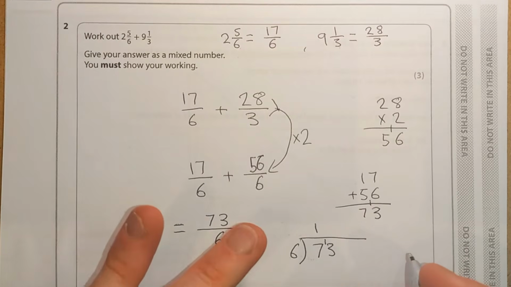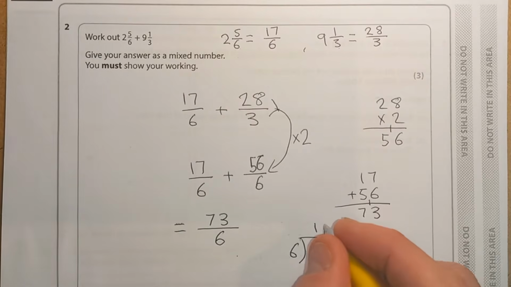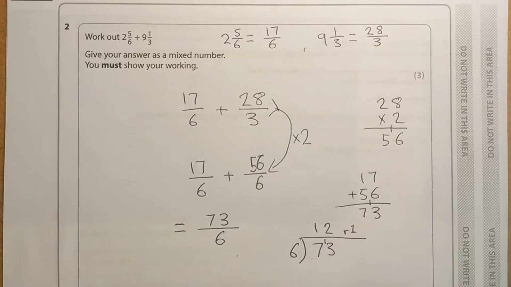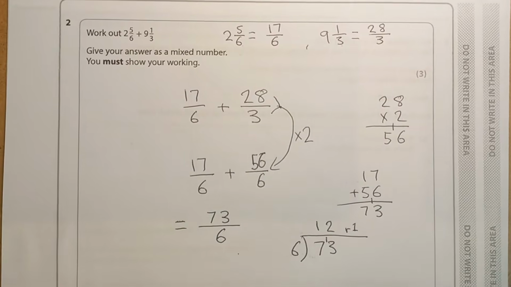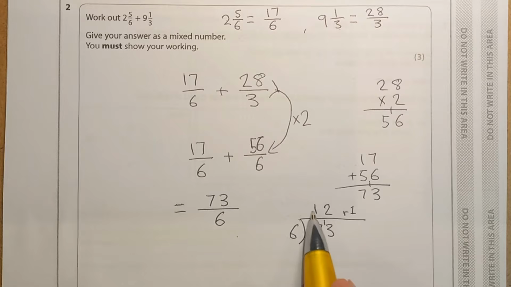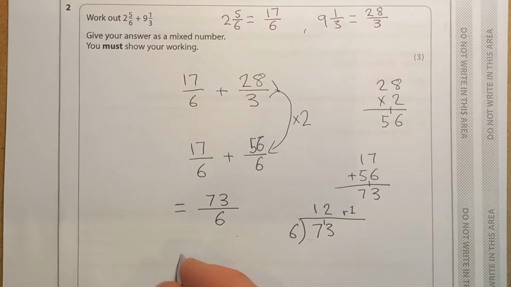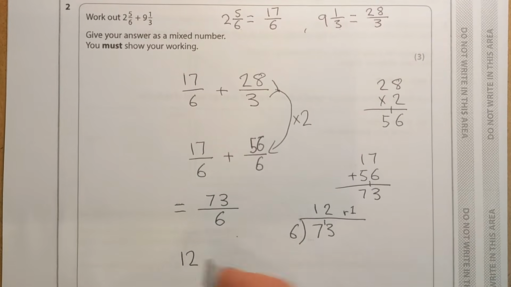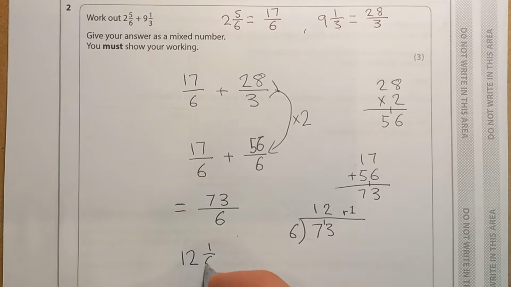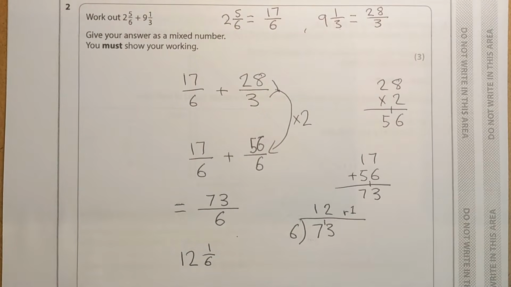Well, 6, 12, so that's twice. Remainder 1. So for the actual answer, we've added them together and we found that our answer is 12 and 1, remainder 1, out of 6. So 12 and 1/6.